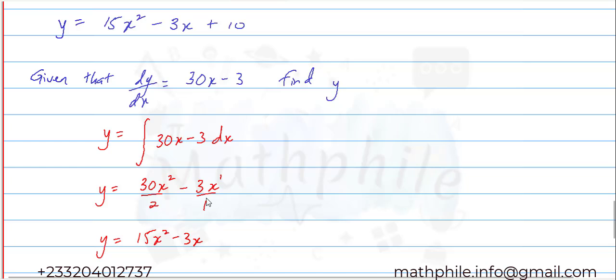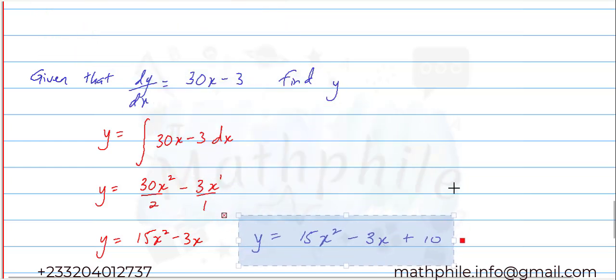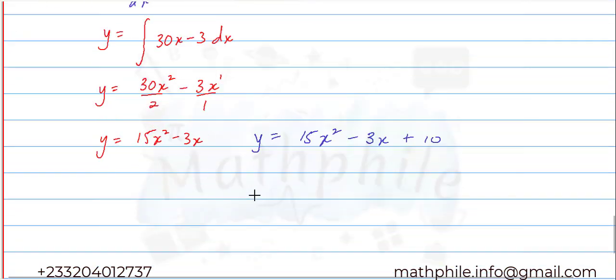Now looking at this and comparing it to this one, we started with 15x squared minus 3x plus 10, but there is a problem over here. Even though integration reverses the differentiation, the answer we got was different. It's not that different.